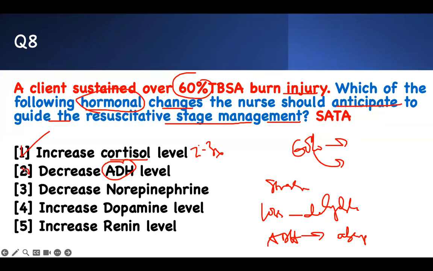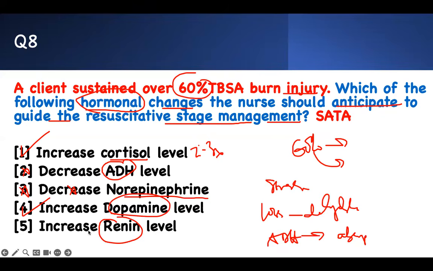Therefore, this is wrong. It should increase. Norepinephrine is a stress hormone and should increase. Dopamine is another stress hormone from the adrenal gland. These catecholamines increase. Basically, everything ramps up.